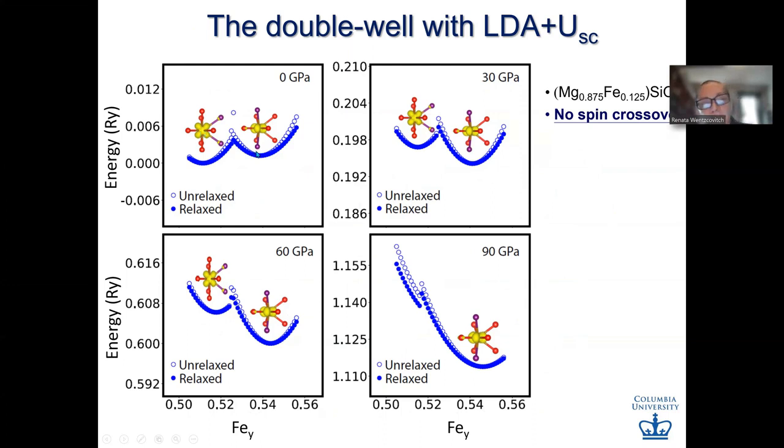The other site that you find with high quadrupole splitting has a minority electron in a different orbital. This is T, this is XY, this is going to be YZ or XZ, okay? That's what is happening. And this is the energy that you get by just displacing this ion in the perovskite structure with and without relaxation of neighboring ions. These are the two.